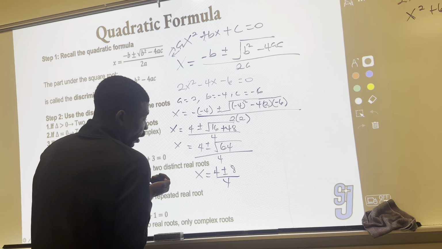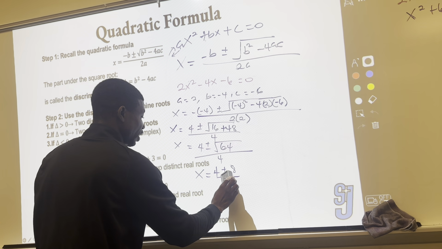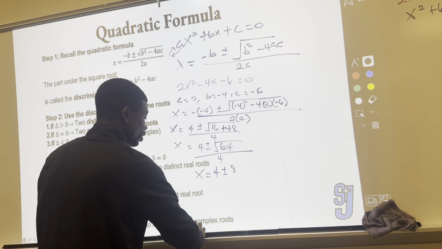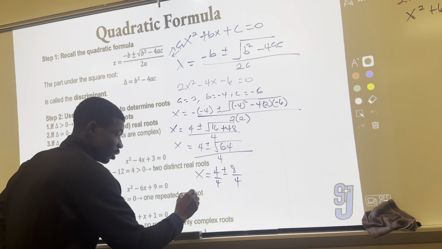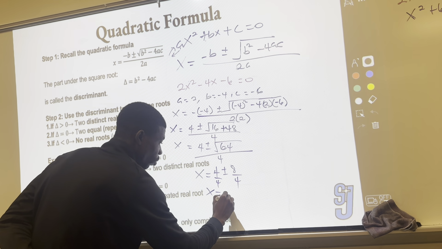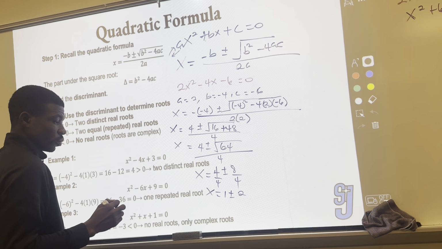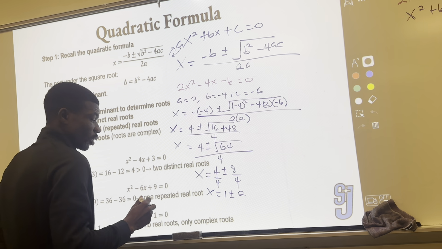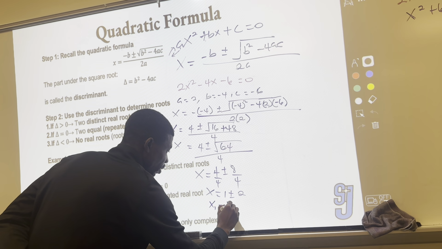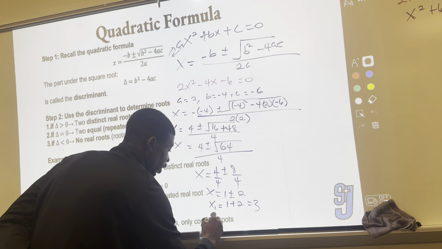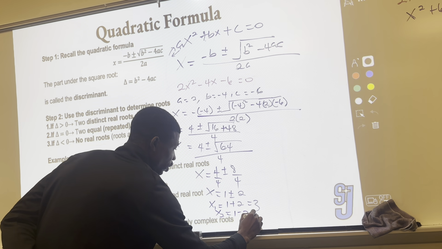Once again, because this is for both sides, you can just say 4 divided by 4. So x equals 1 plus or minus 2, and your first x value is 1 plus 2 equals 3. Your second x value, 1 minus 2 equals minus 1.